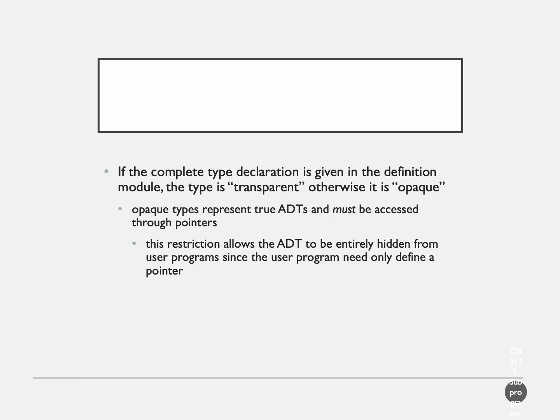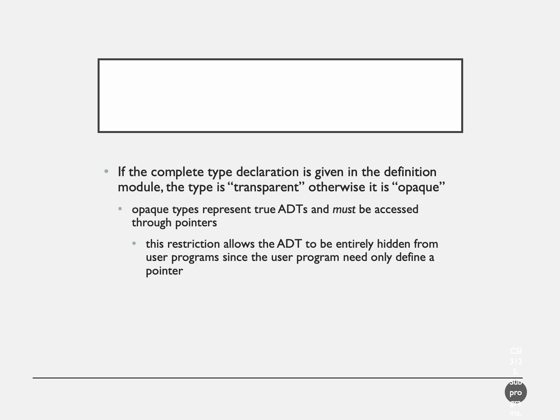Okay, now when working with entities in Modula-2, the visibility of the type's internal structure depends on where the type declaration is placed. If the complete type declaration is provided in the definition module, the type is called transparent.